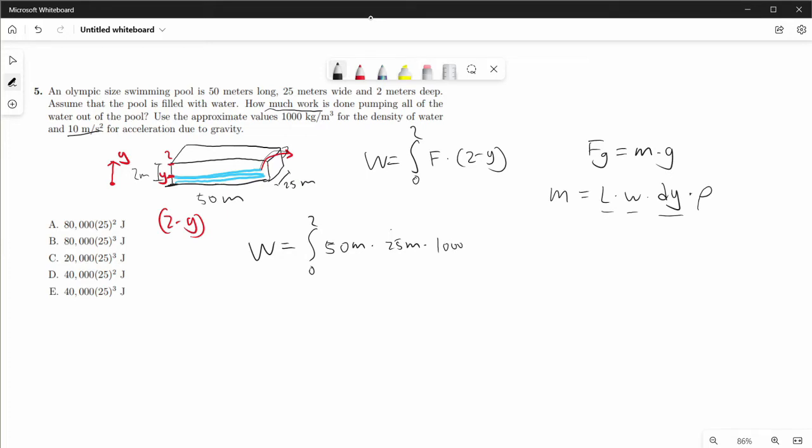Rho is 1,000 kilograms over meter cubed, and then times 10 meters per second squared times 2 minus y, and then times dy.